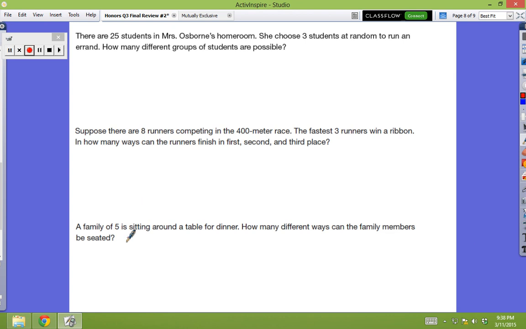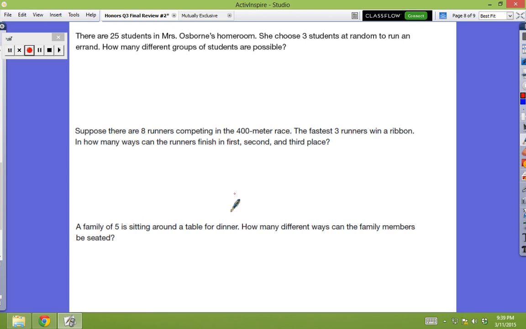Okay, now you need to disregard the chairs. So they're not talking about if the dad ends up in his favorite chair. They're talking about who he's seated next to. So how are the people arranged?